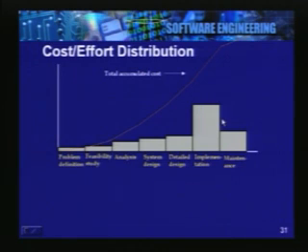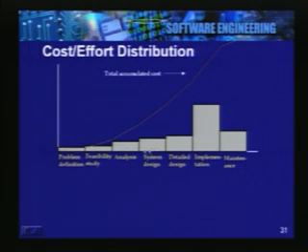Now, as we go through this waterfall model and perform the different steps, naturally we are investing more effort. This diagram shows the cost and effort distribution as we run through the different steps in the waterfall model.